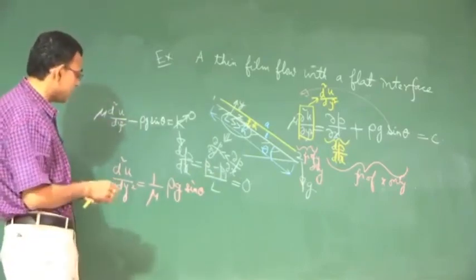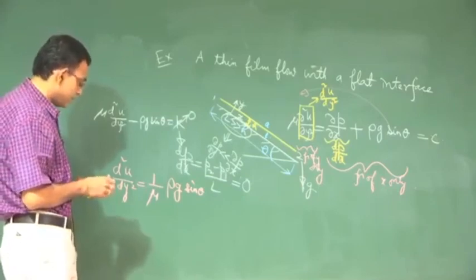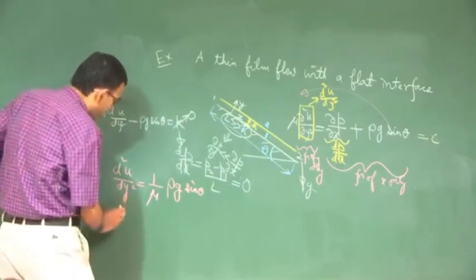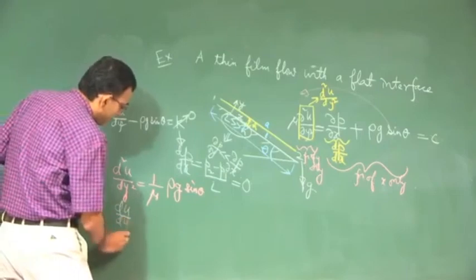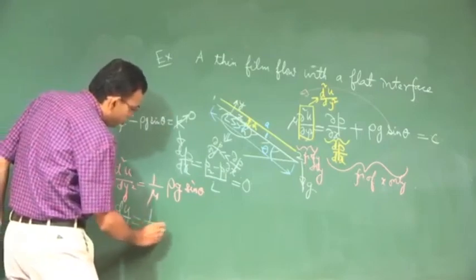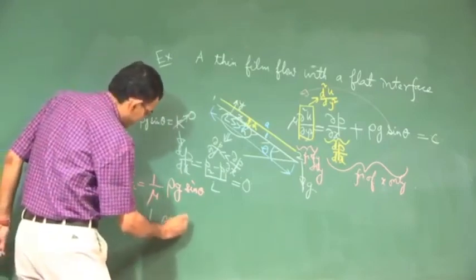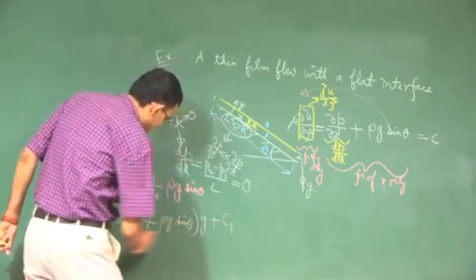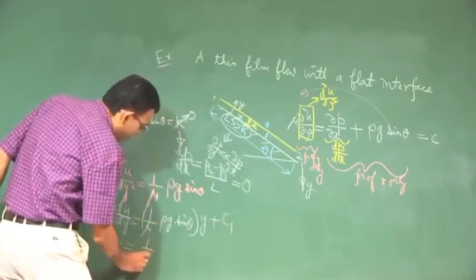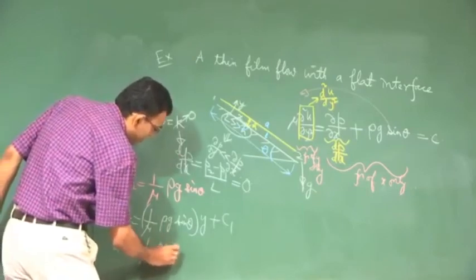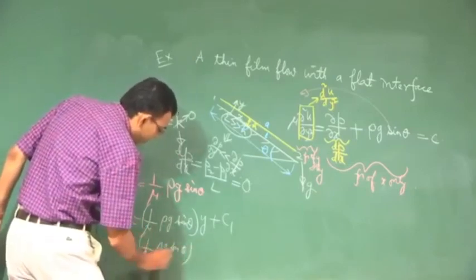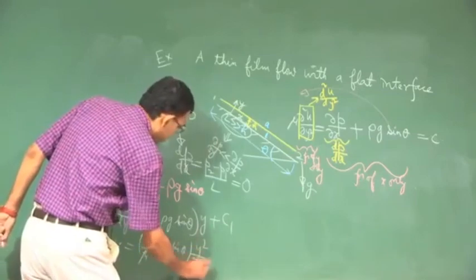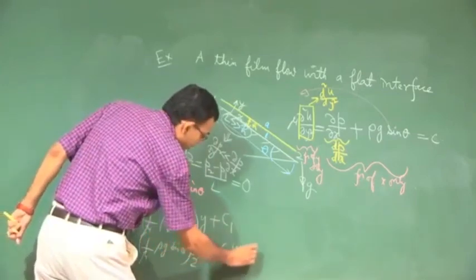So, you can integrate this twice. So, du dy is equal to 1 by mu rho g sin theta into y plus c1, and u is equal to 1 by mu rho g sin theta y square by 2 plus c1y plus c2.